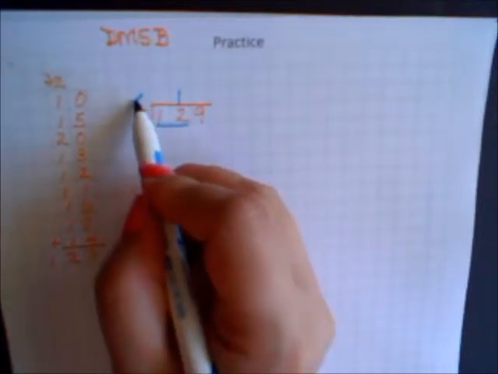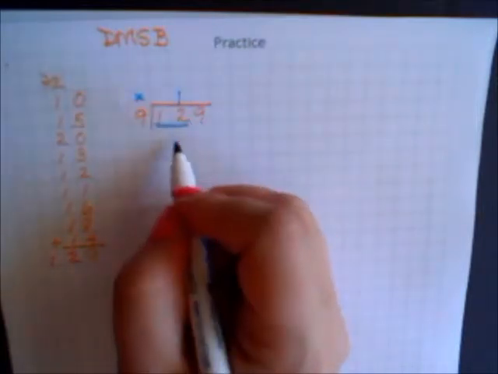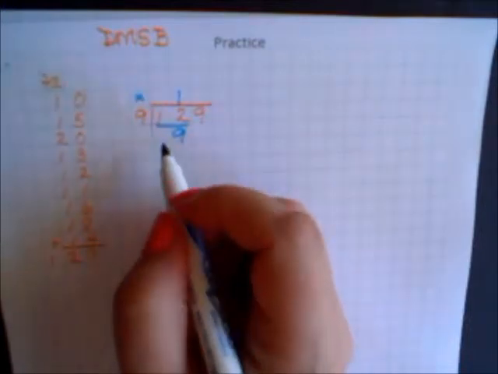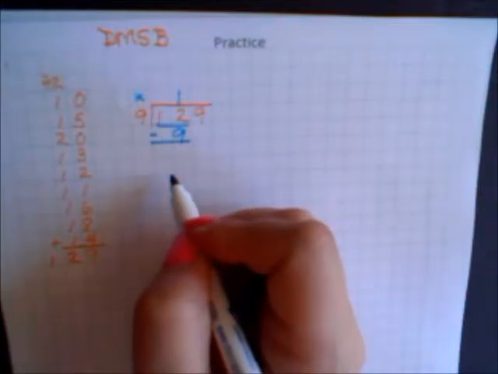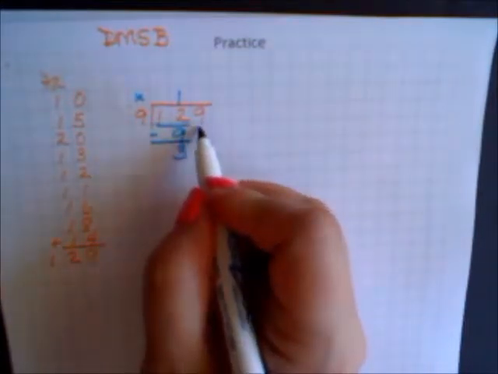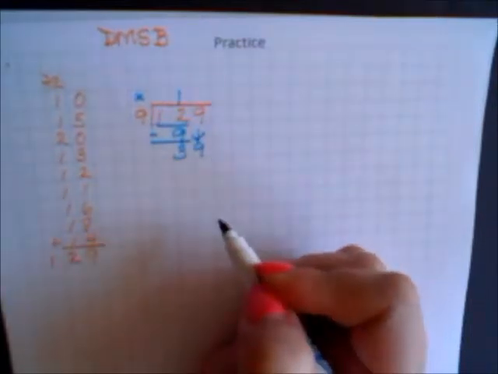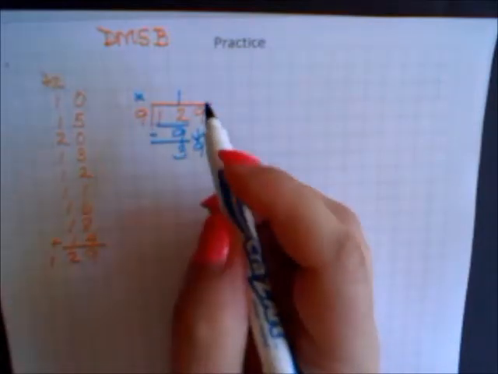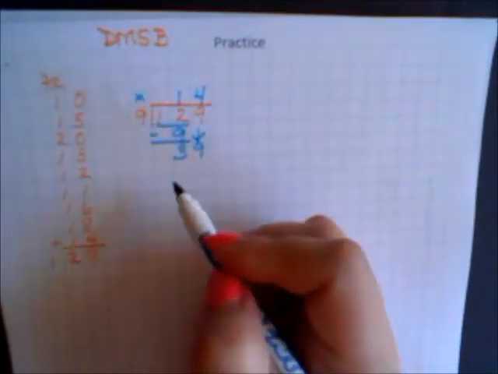1, next step, multiply. 1 times 9 is 9. Okay, next step, subtract. 12 minus 9 is 3, right? Then next step, bring down our 9 and ask how many times 9 goes into 39. 9 goes into 39 4 times. Oops, we're dividing, right?